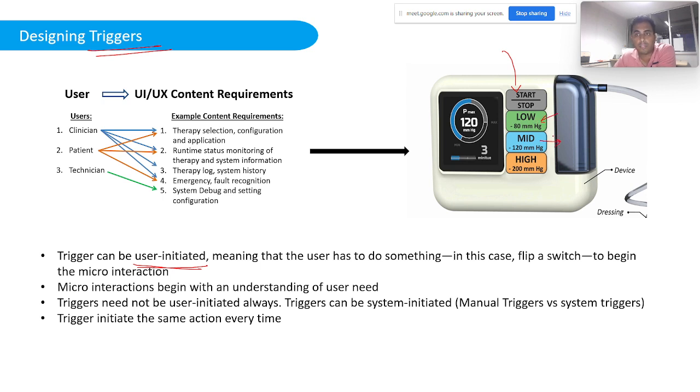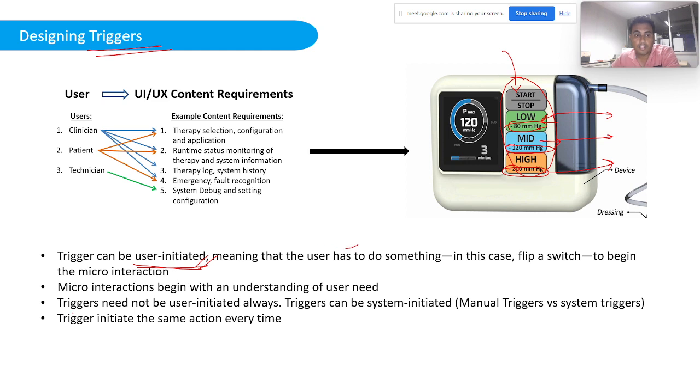If you press mid, or these are like fixed settings, where low means this is the value of the particular parameter, mid means this value, and high means this value. That means you are fixing certain parameter values, and for that you are providing three buttons. So a trigger allows you to select a particular functionality using a particular interaction feature. These are examples of user initiated interactions.